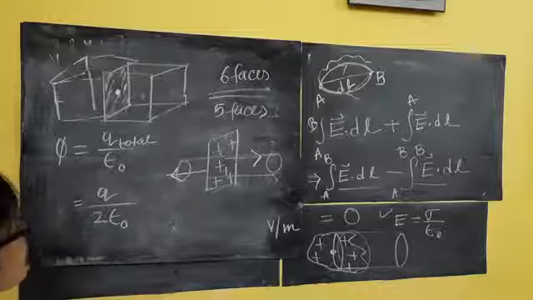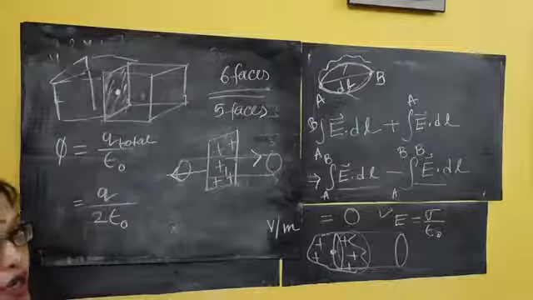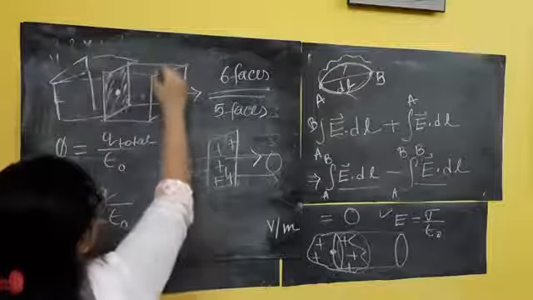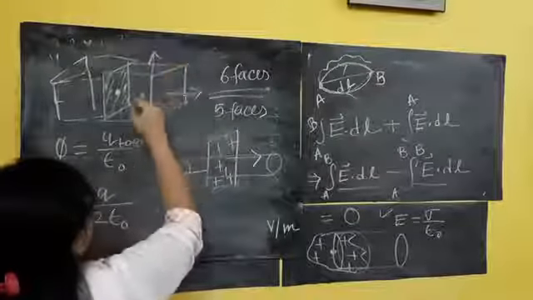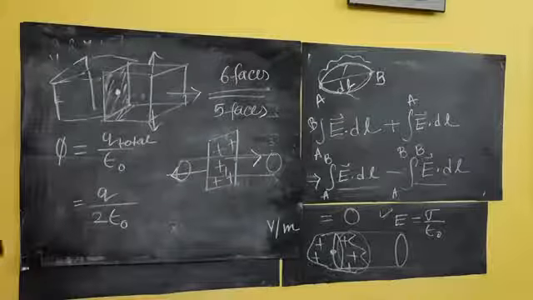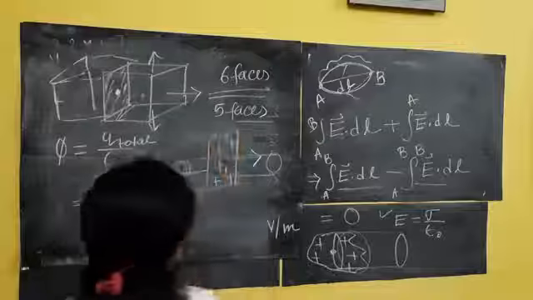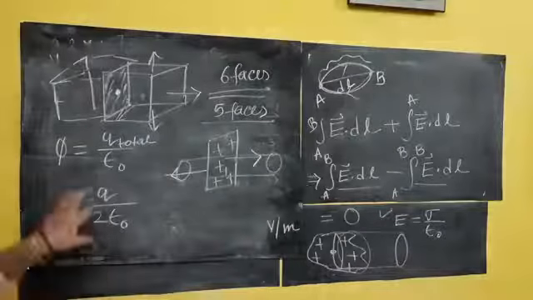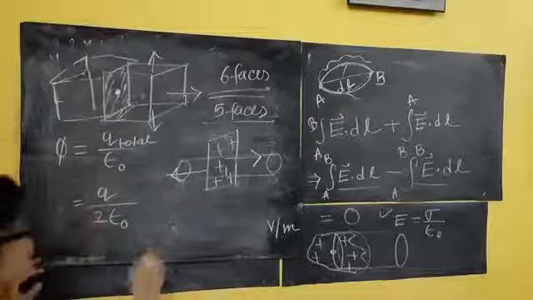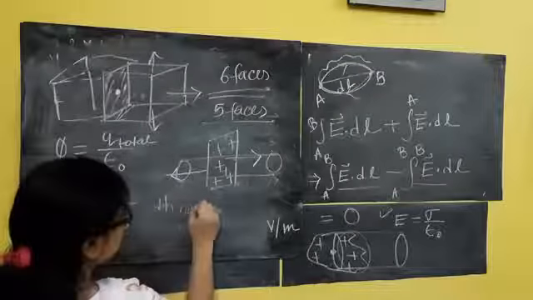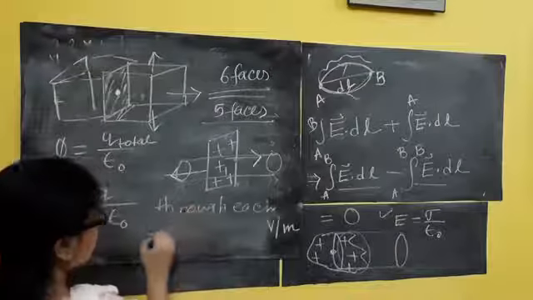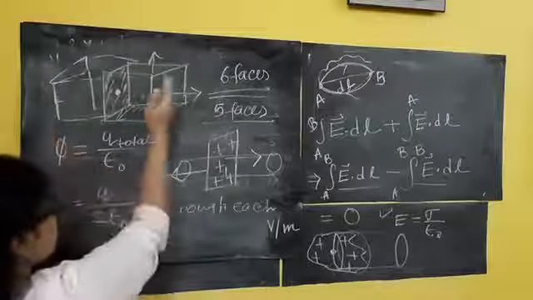Now what is the flux through each face of the cube? Through this flux can go, through this flux can go, anywhere flux can go. 5 faces I am having. So 1 by 5 of this will be my flux through each face. How much is going in this direction or the same, in this direction or the same.